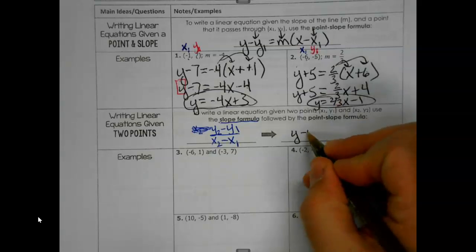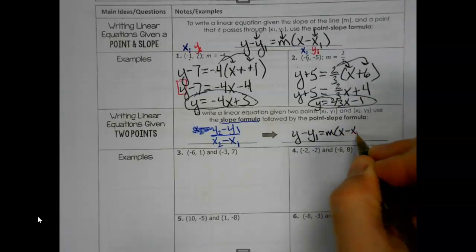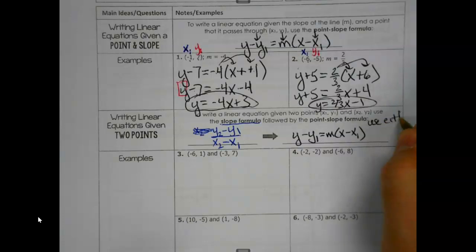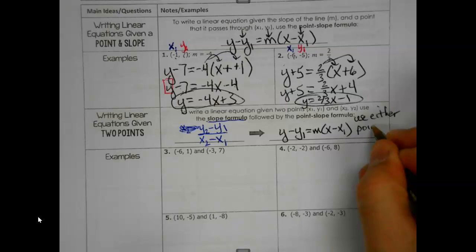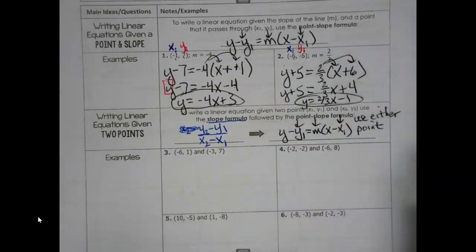I'm going to put a little note on here with that. Because sometimes we look at that and we're like, well, wait a minute. There's 2 points here. How do I make sure I use the right one as I'm working through here?